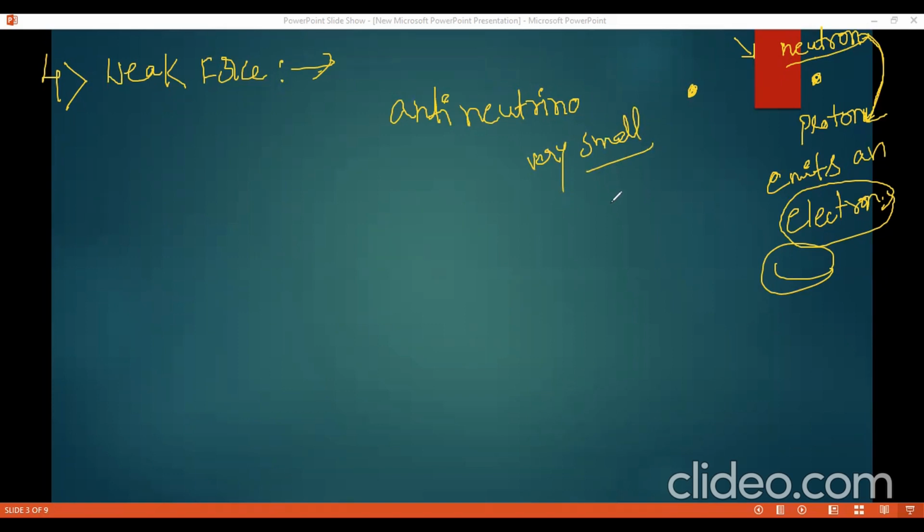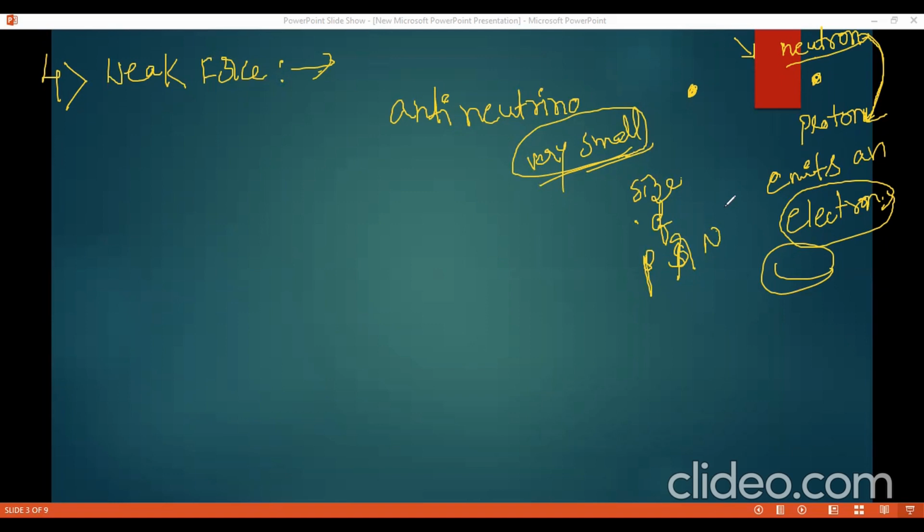If you observe the range of this one, it is very small. Why? Because the size of the proton and the size of the neutron are very small, right? The size of a proton or neutron is very small.